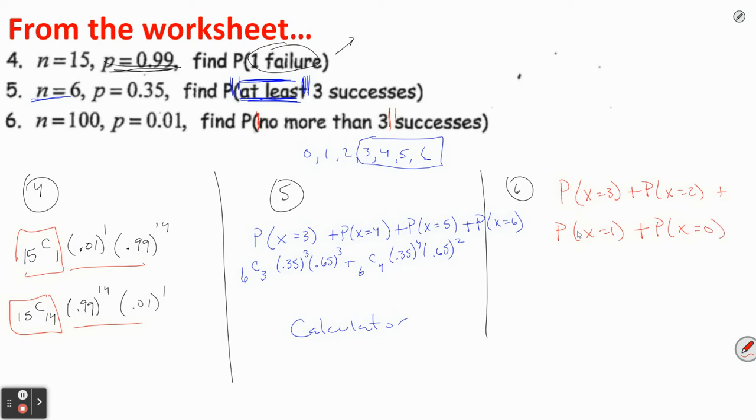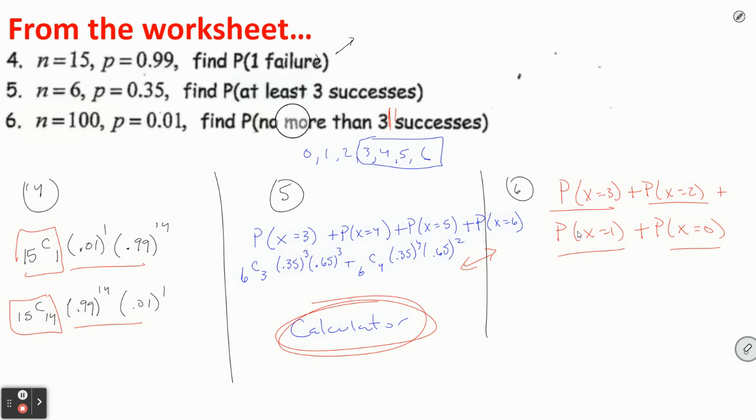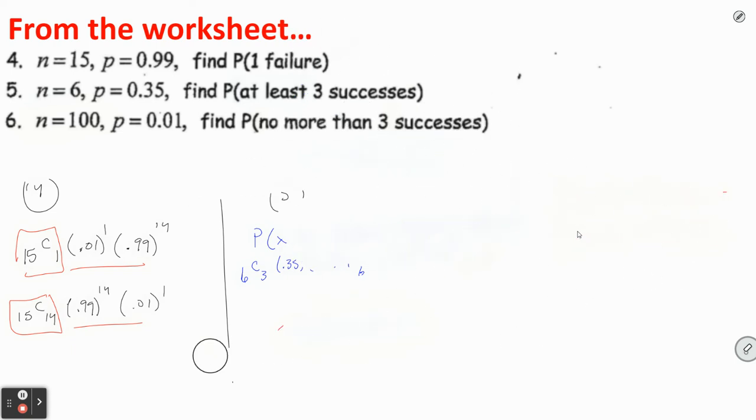So again, we have the same problem we had over here in number 5 in terms of the need for the calculator, but we need to understand why in a 100 trials, no more than 3 successes implies that this, and this all need to make it into our calculation. So let's get on to looking at how to use a calculator and then talking about issues with the calculator.